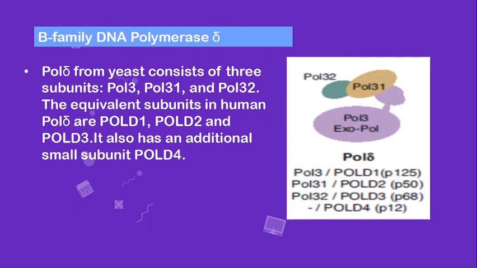DNA polymerase delta extends the RNA-DNA primer chains. It extends the primer chains and completes the synthesis of Okazaki fragments in the lagging strand, and it also catalyzes the continuous synthesis in the leading strand.